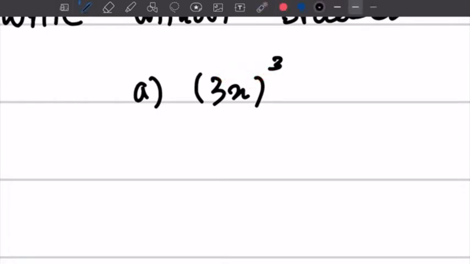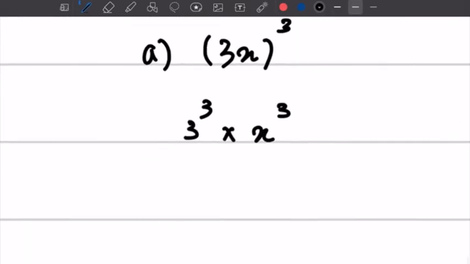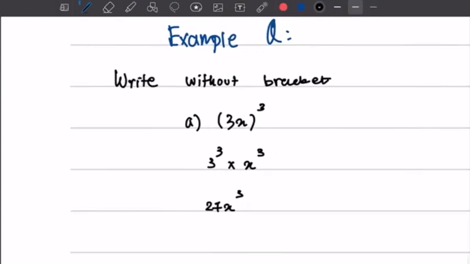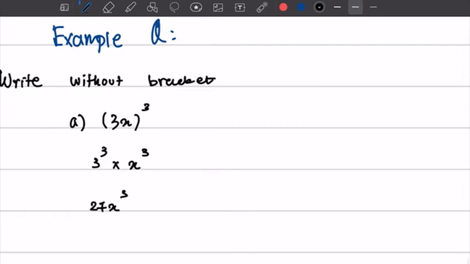This would get you 3 to the power of 3 times x to the power of 3. Now, you know that 3 to the power of 3 is just 3 times 3 times 3, which is 9 times 3, 27, so you have 27x to the power of 3. And now you have written this without a bracket.